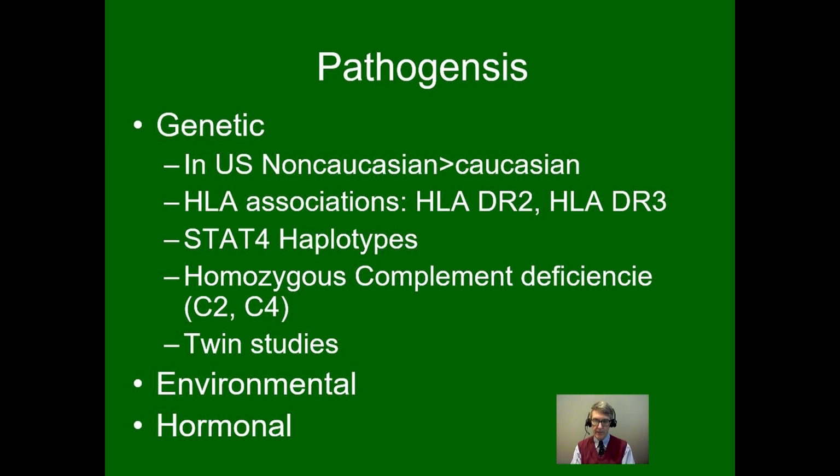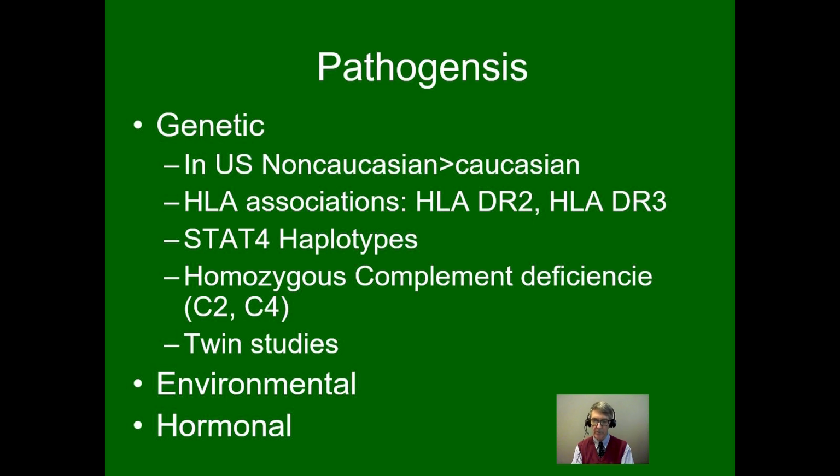We also talked about the STAT4 genetics or haplotypes when we talked about rheumatoid, and this also shows a greater incidence in patients with lupus. Certain complement deficiencies, which are genetically mediated, seem to be associated with a high risk for lupus.